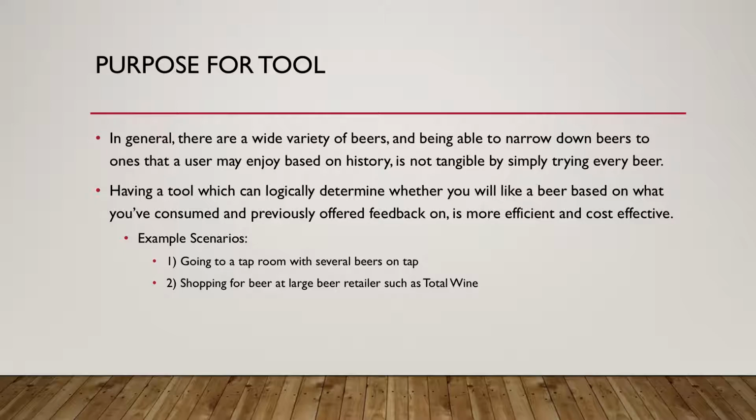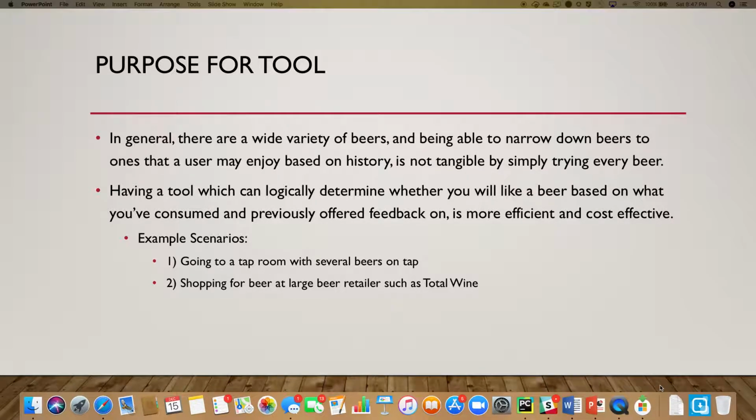So I think the most common scenario that I've come across as an avid beer consumer myself was I would go to a tap room. There'd be a list of 20 or so beers, either on a beer board or perhaps even in a menu. And the common question you'd ask yourself is, which beer should I have?